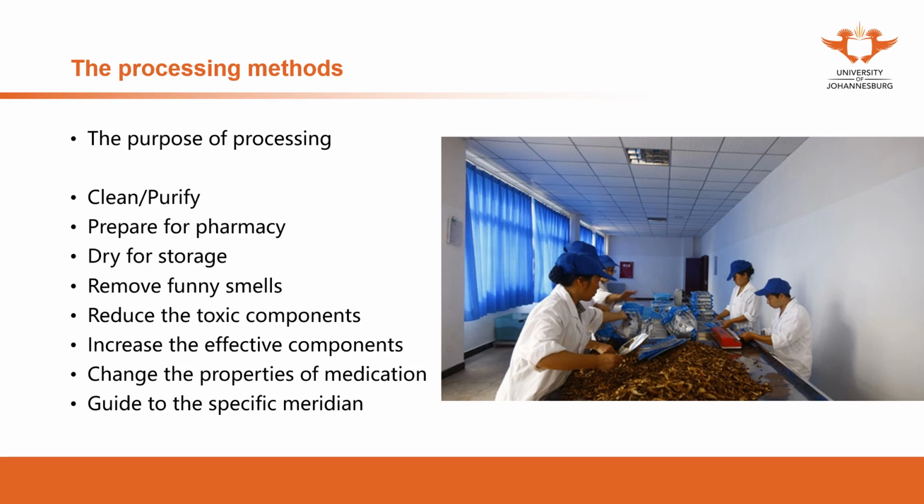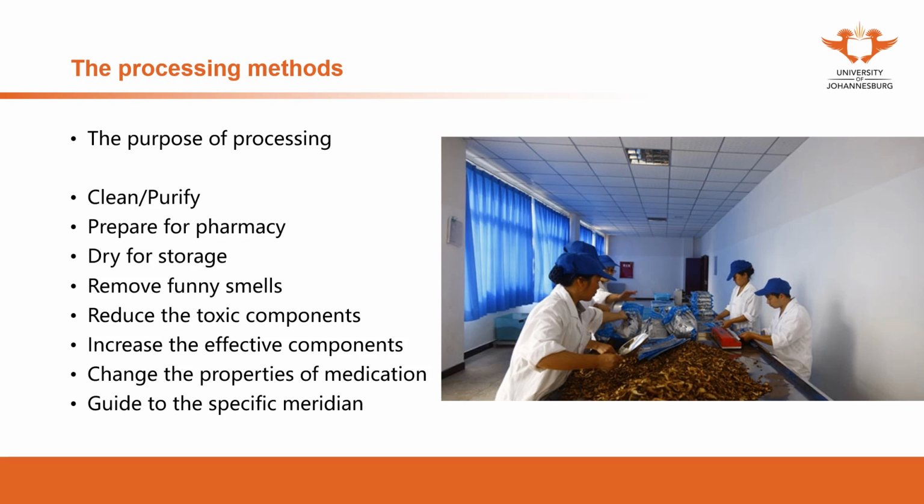In the process of cleaning or purifying, you're going to remove the stem or the leaves. You only keep the root because that's the part you're going to use as the medicine. So in the process of cleaning and purifying, you're going to remove the non-medical components, non-medical parts.